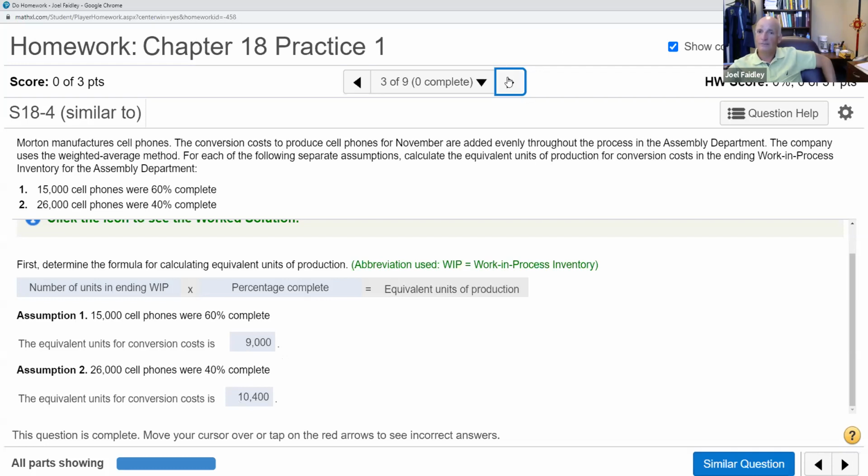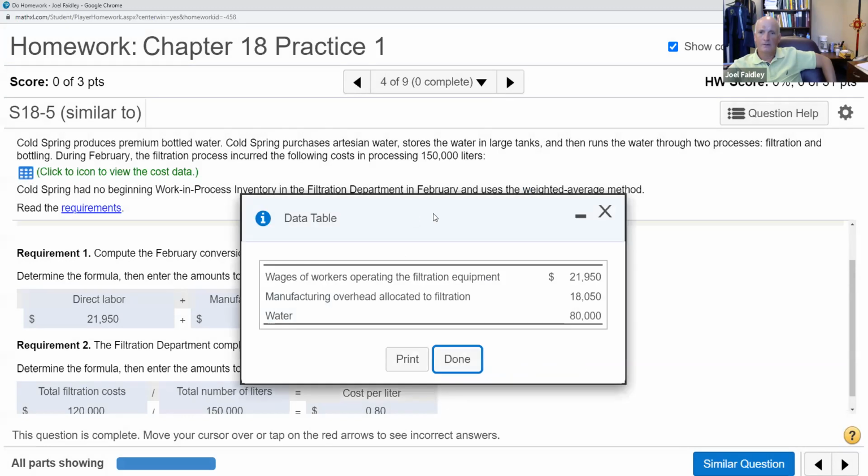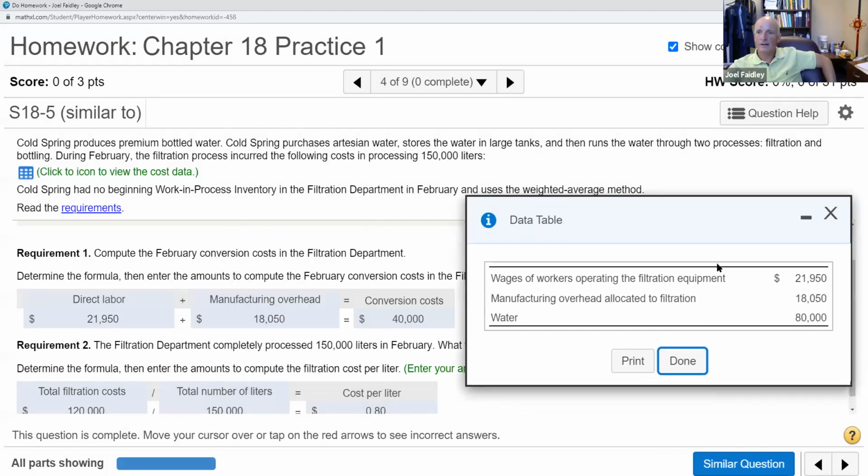All right, number 4. Here we got a filtration plant, artesian water, 150,000 gallons. Direct labor, there's my information. So there's my water is my material, direct material. Direct labor is my wages, overhead is manufacturing, so there's my big 3.